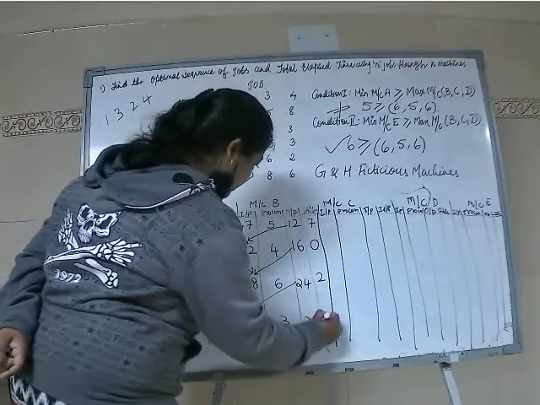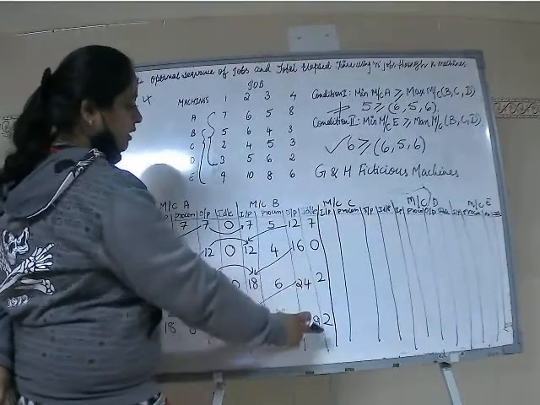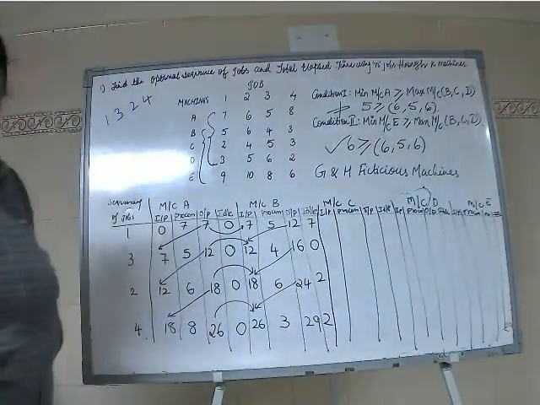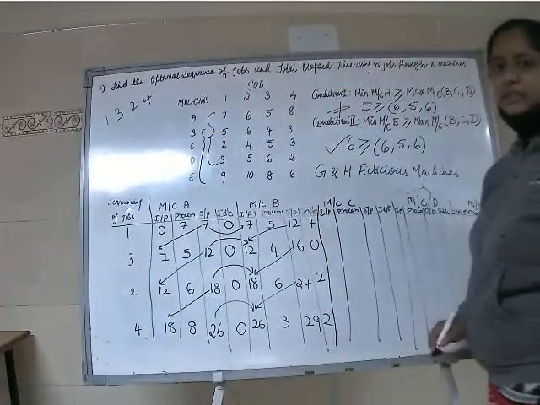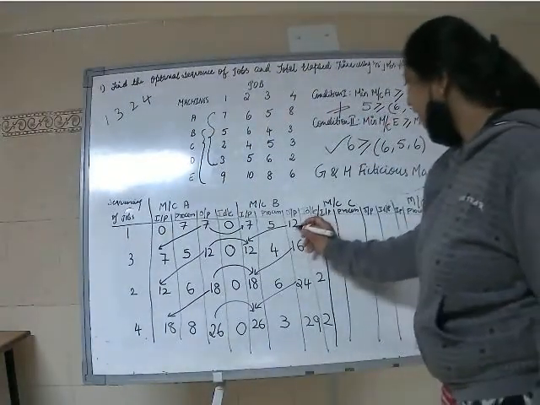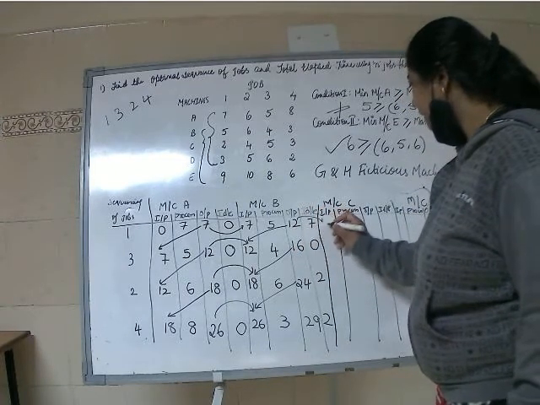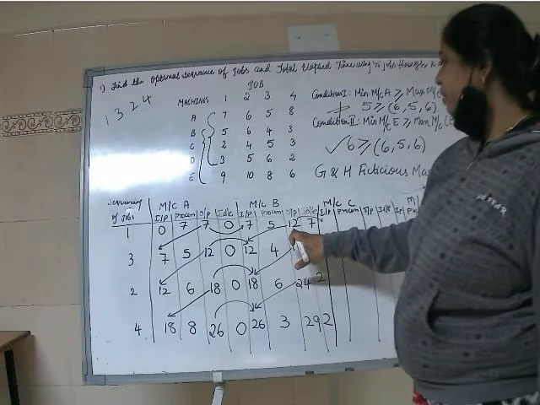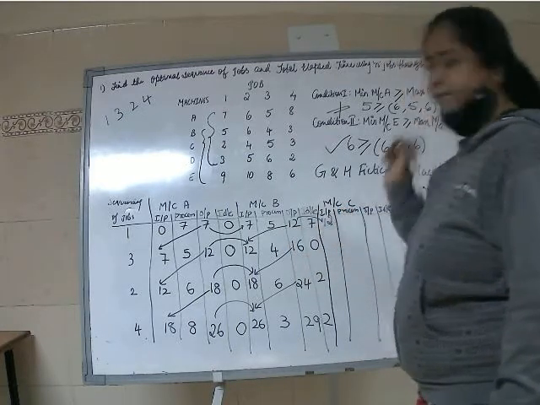Idle value again 2. When I subtract 26 minus 24 is 2. Okay. Then next, now I come along with machine C. Here I take the first output of machine B as the input to machine C, that is 12.